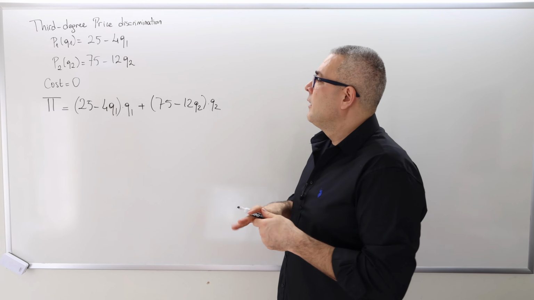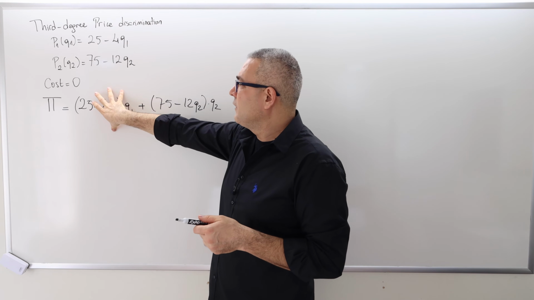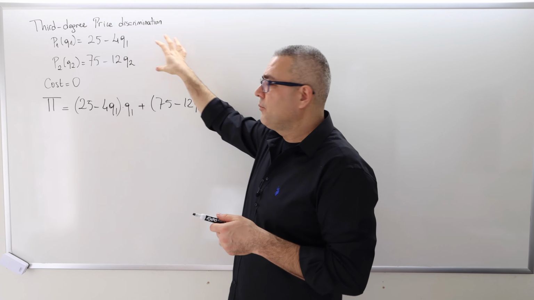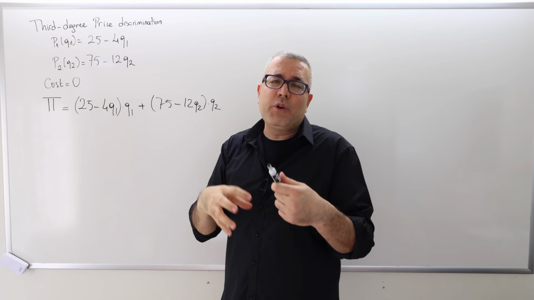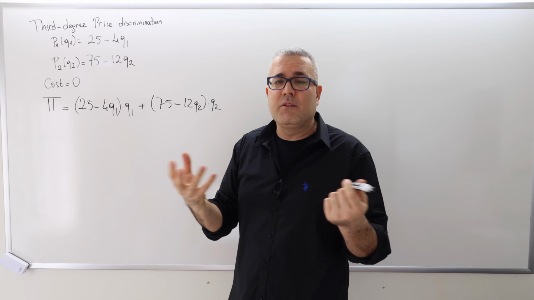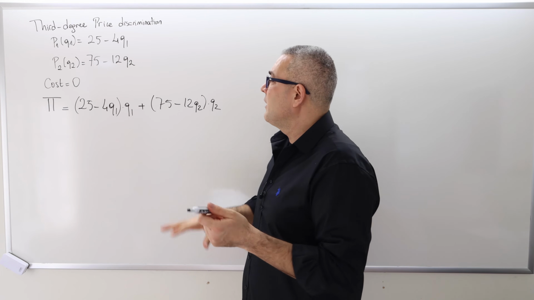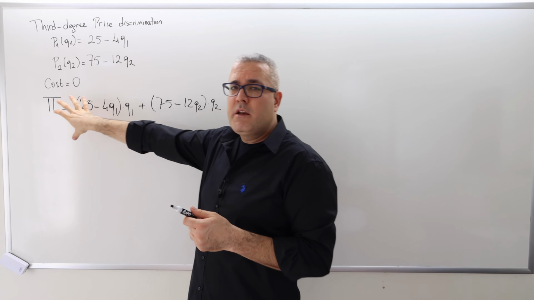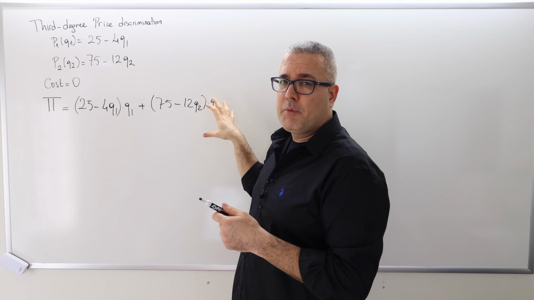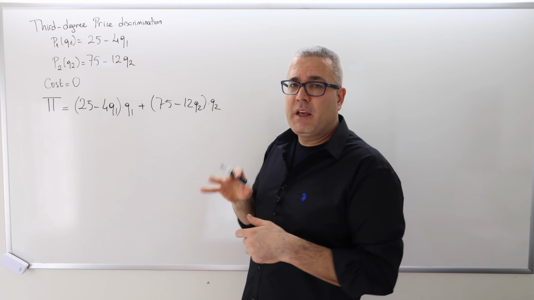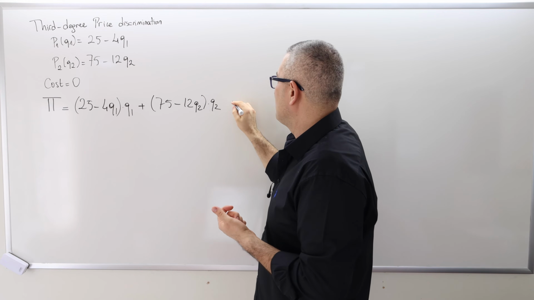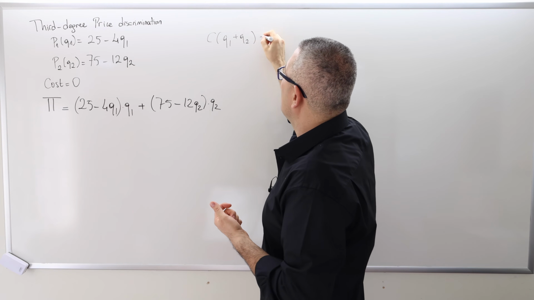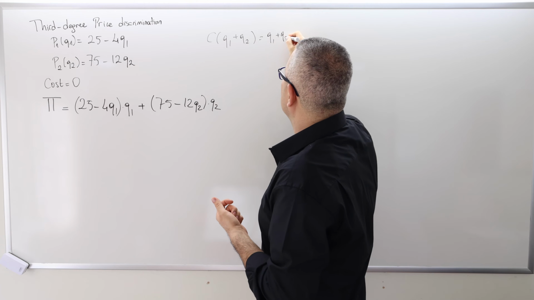You could maximize the profit from the first group and the profit from the second group separately and then bring everything together. You could do that, but in general, don't do it. Write one profit function for the monopolist because the cost function could be slightly more complicated. For example, the cost of producing quantity 1 and quantity 2 could be Q1 plus Q2 squared.